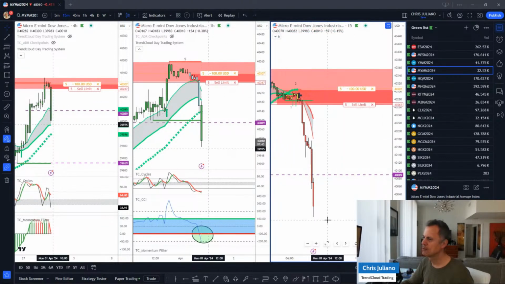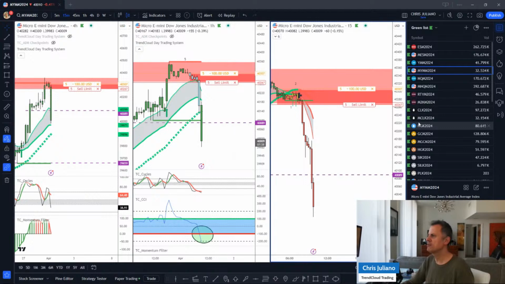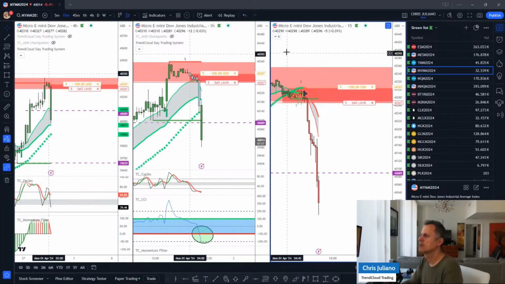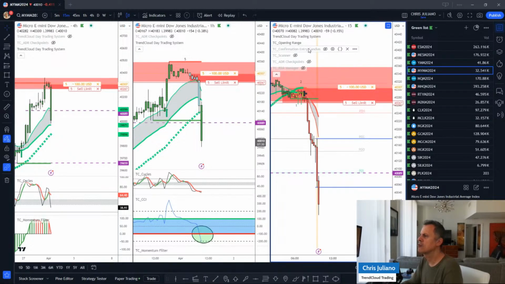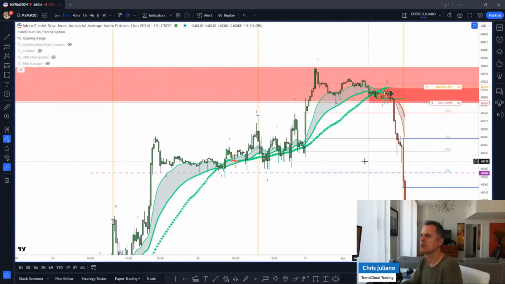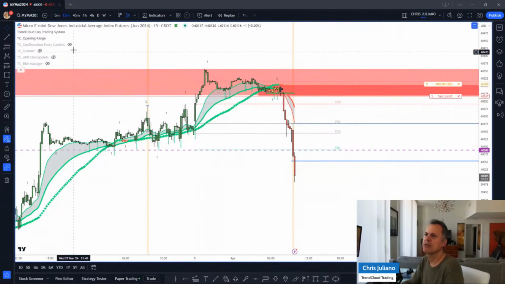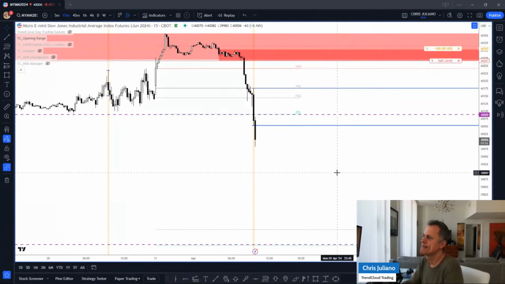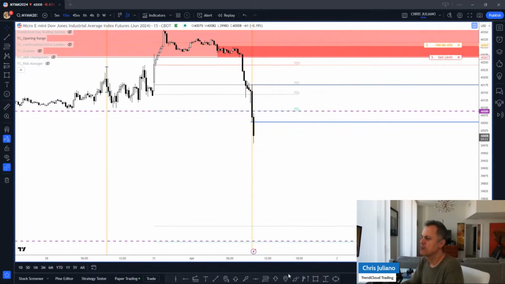But woo, massive move to the downside there. Let's see what it's looking like on the opening range. The 15-minute opening range is just breaking out to the downside. So we're asking this thing to break to the downside and retest all the way up here.